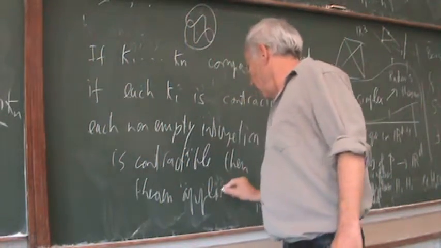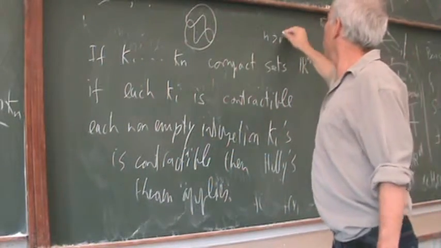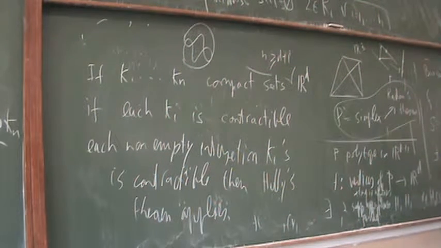So I guess n must be bigger than d plus 1 or something? Yes, n bigger or equal to d plus 1. So we have d plus 1 and more contractible sets. If all the non-empty intersections are contractible, and if every d plus 1 of them have non-empty intersection, then all of them have non-empty intersection. So this is Helly's topological theorem.